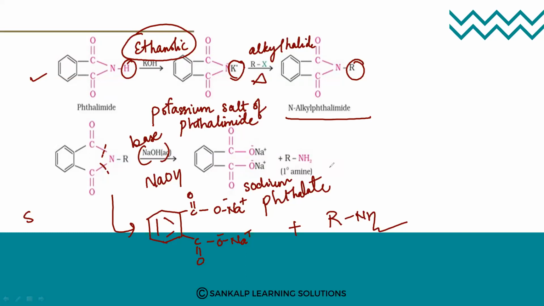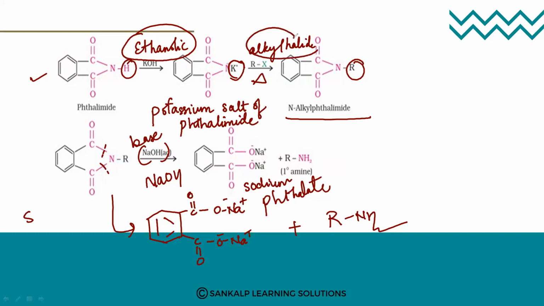So by this reaction, Gabriel phthalimide synthesis, we can prepare only primary aliphatic amines. Aromatic primary amines cannot be prepared by this method because of the aryl halides, that is haloarenes. Here we are going to take alkyl halides.